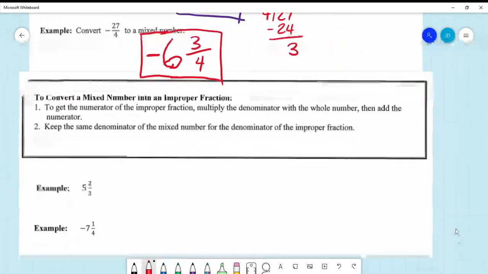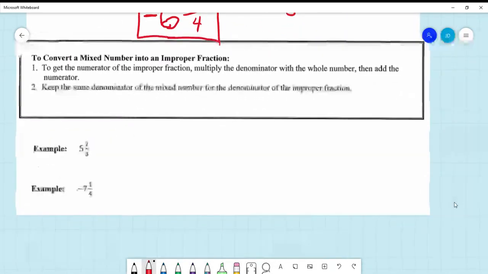Okay, so to do it the other way around, if we want to convert a mixed number into an improper fraction, which occasionally we want to do because if we're doing other math with that fraction, it's easier, say, to multiply 2 fractions together if you're using improper fractions instead of mixed numbers. So here are the 2 steps.